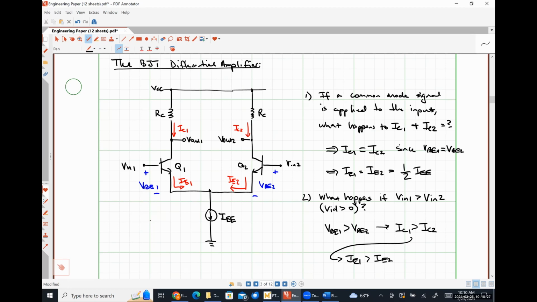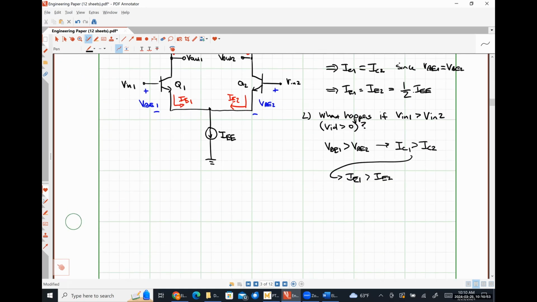Right? So it's going to pull that output voltage high, and the other transistor is going to drive that output voltage low. So we're going to wind up getting some small number minus VCC. So we're going to wind up having a negative output voltage.